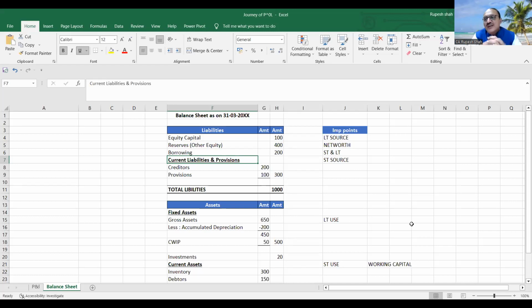But let me give you an example. Say I am running a factory manufacturing furniture and fixtures, and every month, because I am using power and fuel, I get an electricity bill.